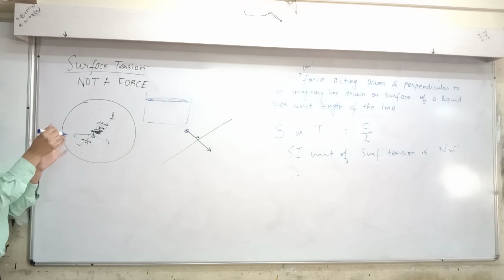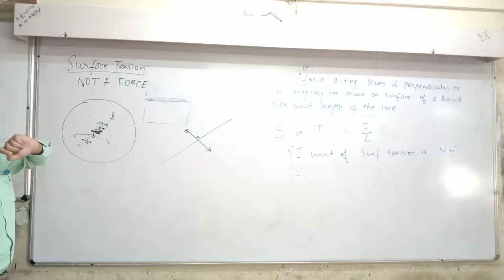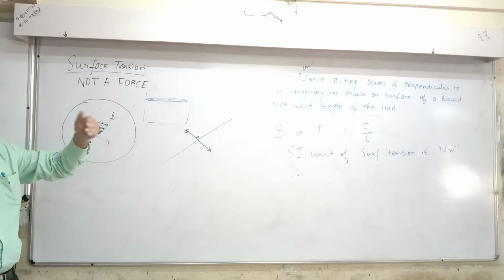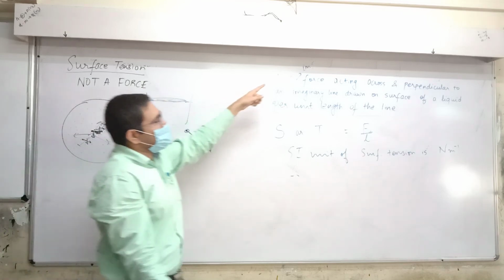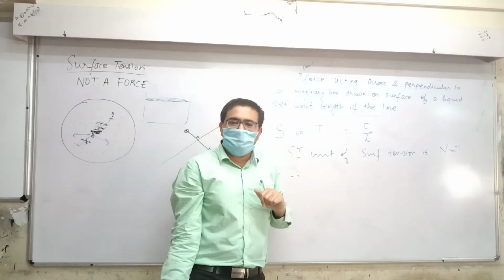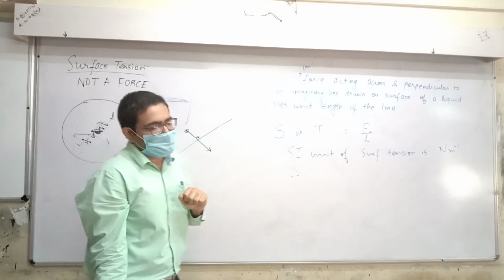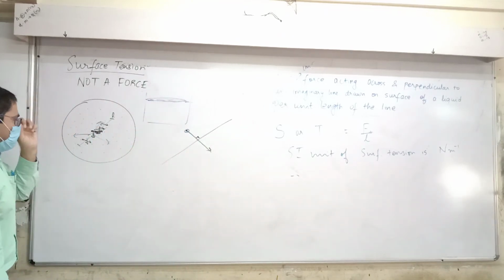Absolutely clear? Now you might have a question: why do we have surface tension on the surface only? It should be there because intermolecular forces are everywhere. So the reason is as follows.